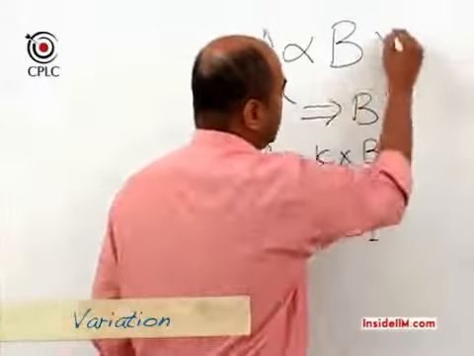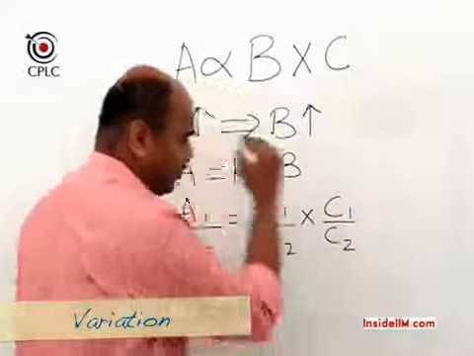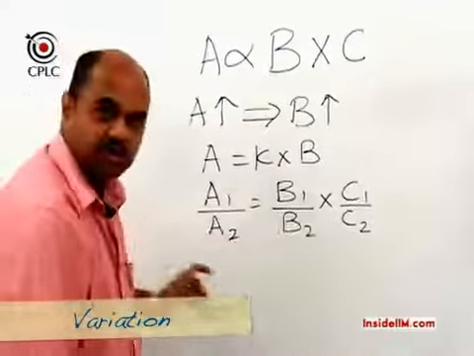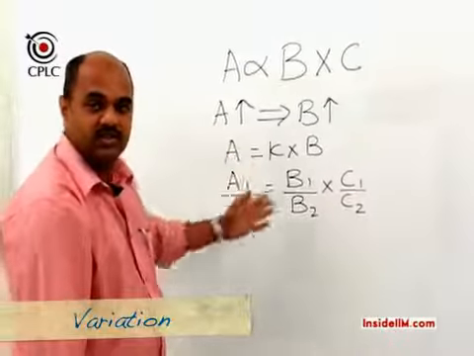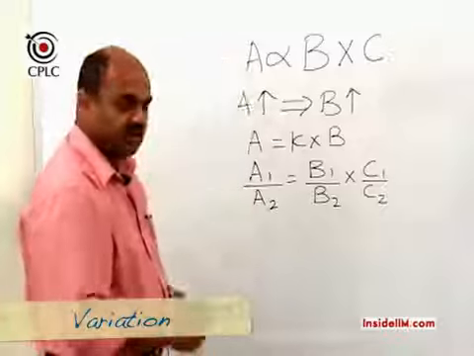So if I have multiplied this by C, I would multiply this by C1 upon C2. So what this now tells us is, out of these 6 terms, if 5 are given, the 6th can be calculated. Now this is direct variation.